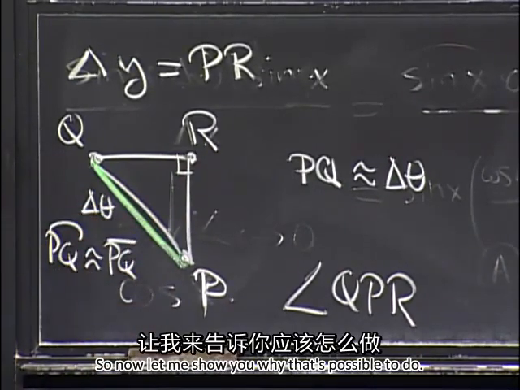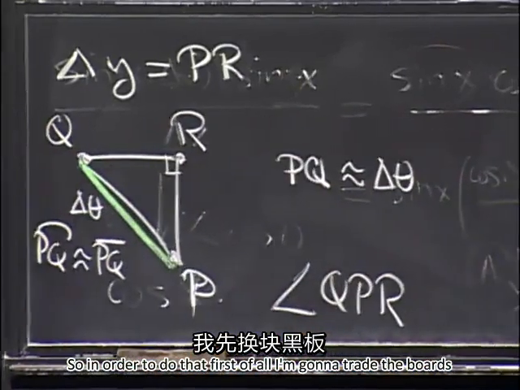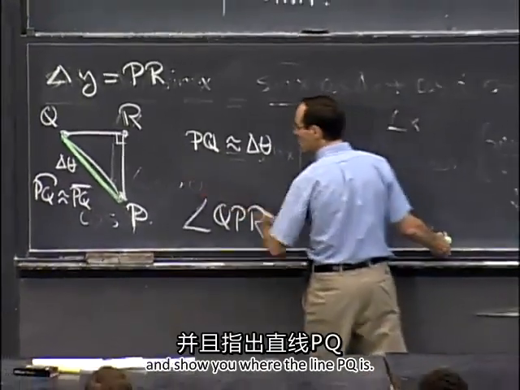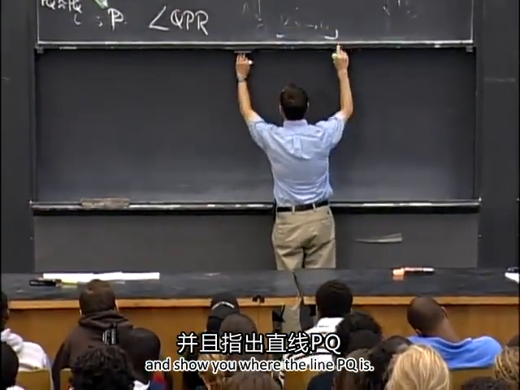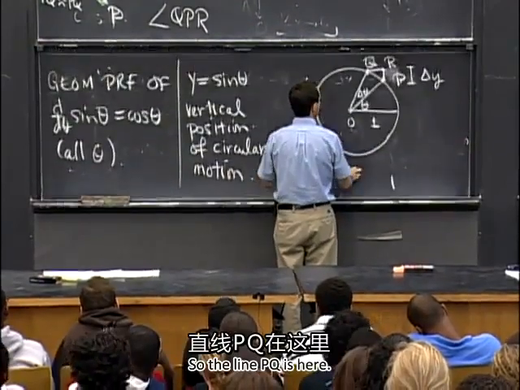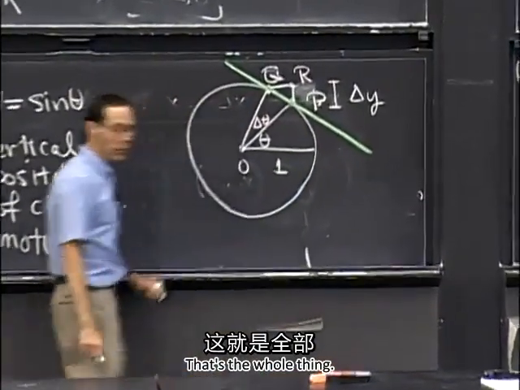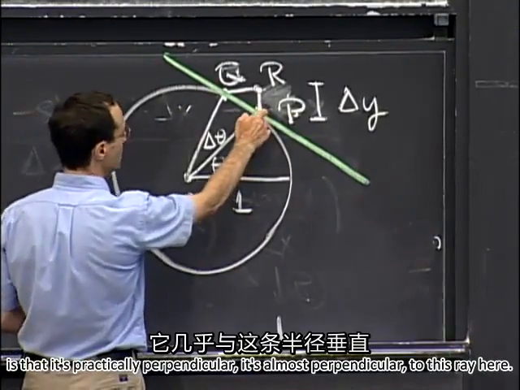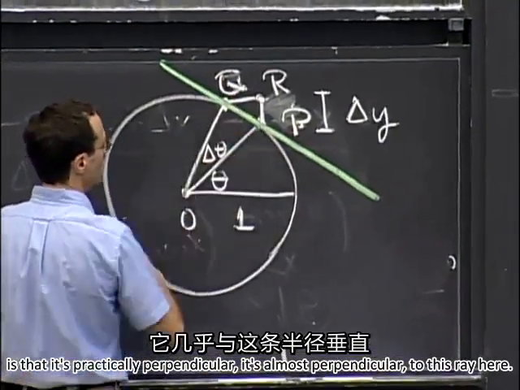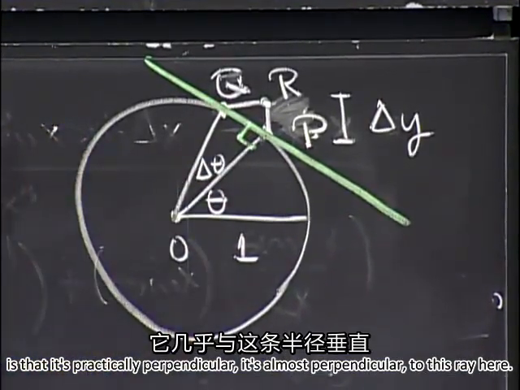So now, let me show you why that's possible to do. First of all, I'm going to trade the boards and show you where the line PQ is. So the line PQ is here. The key point about this line that I need you to realize is that it's practically perpendicular to this ray here.